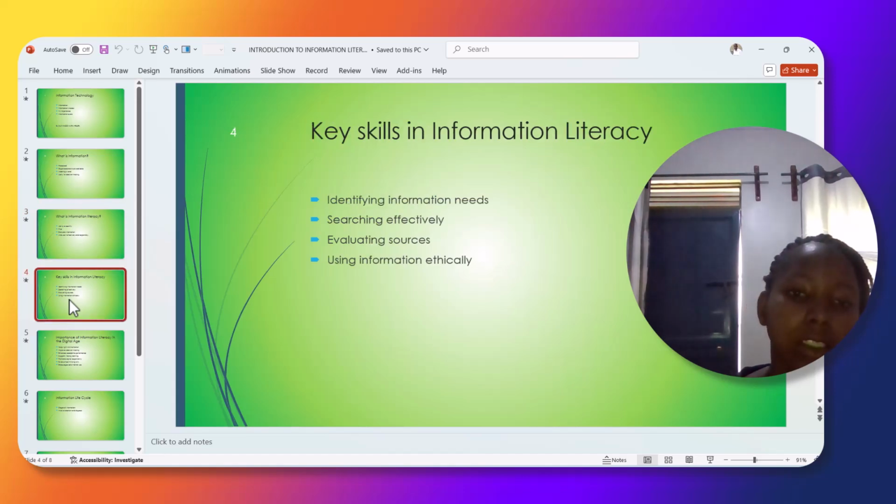And some of the key skills that are used in information literacy involve identifying information needs. With identifying information needs, you need to know what the information requires of you, what is involved within the information that you're providing.